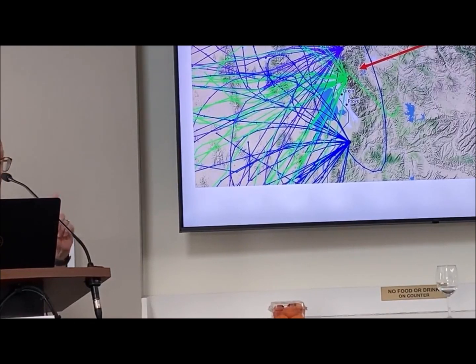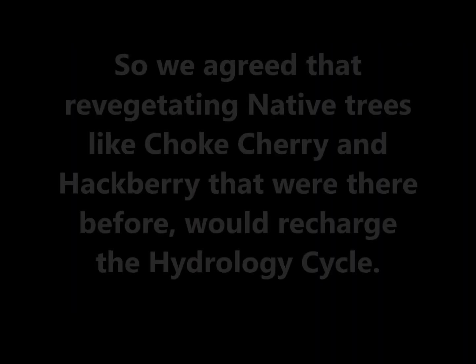To do that, it would be ideal to revegetate this area here so that you would increase the atmospheric water vapor available for cloud formation, and also increase the aerosols that could contribute to the rainfall.